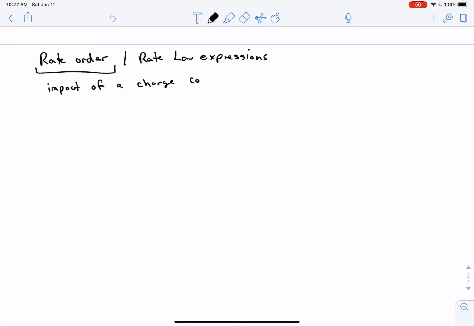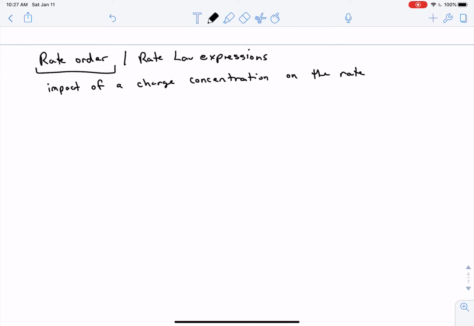Bullet point number 2 is rate order and rate law expressions. Okay, so if you remember, rate order is essentially the impact of a change in concentration on the rate.